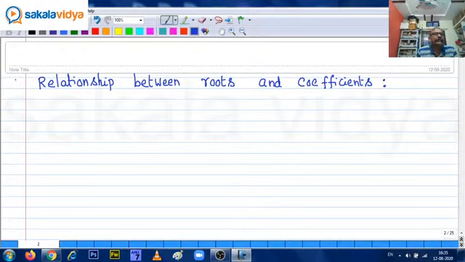This is the next concept. Most of the problems in competitive entrance examinations, whether AP EAMCET or Telangana EAMCET or even any entrance examination in India, whether it may be NDA or Air Force or whatever examination you take, the relationship between the roots and coefficients will be asked. One question definitely will be asked in this area.